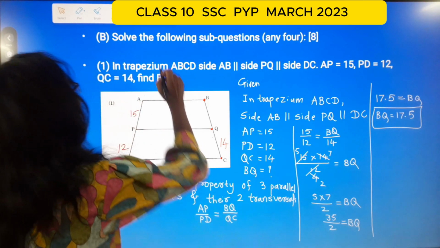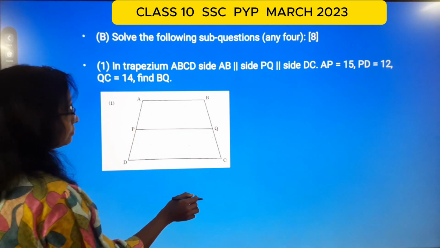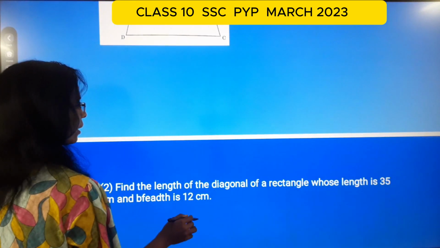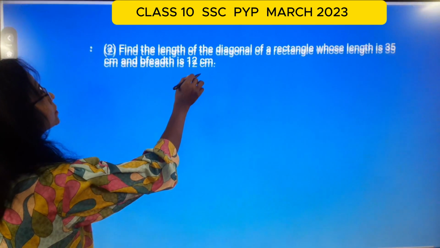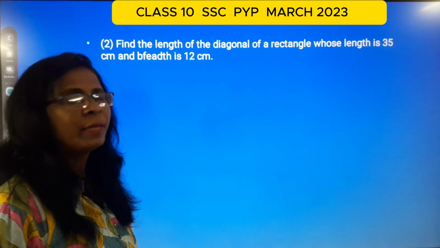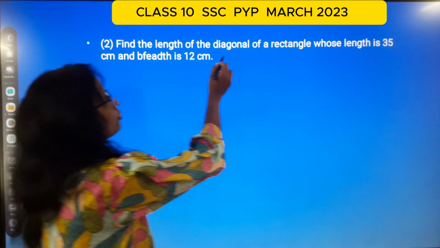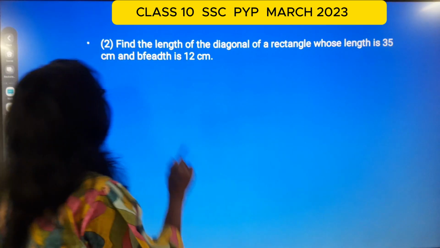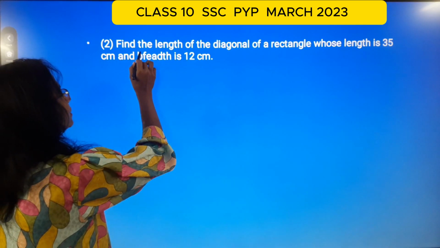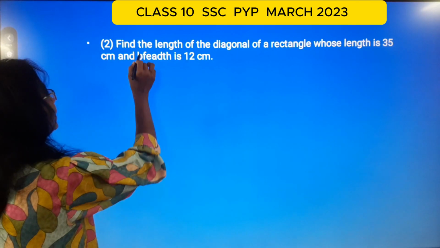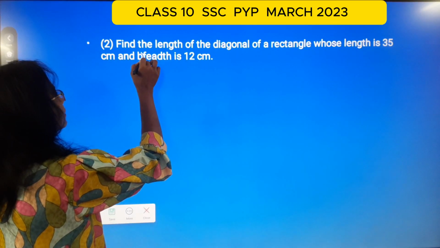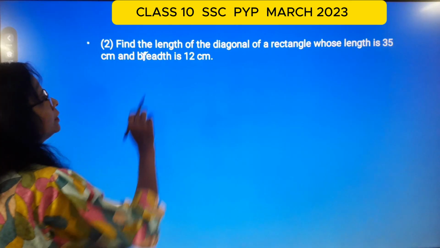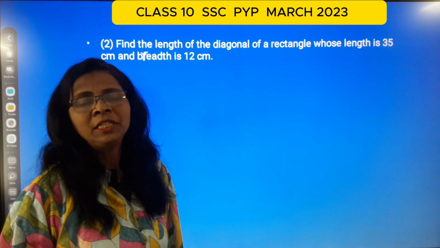Now let us see the next example students. The next example is: find the length of the diagonal of a rectangle whose length is 35 centimeter and breadth is 12 centimeter.